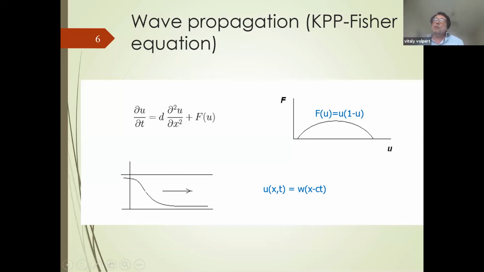Solutions like that are called reaction diffusion waves or traveling wave solutions of parabolic equations. And these solutions are shown here. It's a solution which propagates with a constant speed c and with a constant profile like shown here. And we will return to this question later. Of course, it depends on this function f of u. In this form, it was considered in these first works, but then many different functions were also considered later.